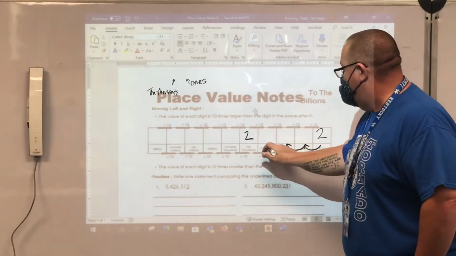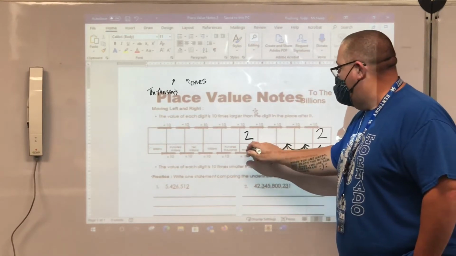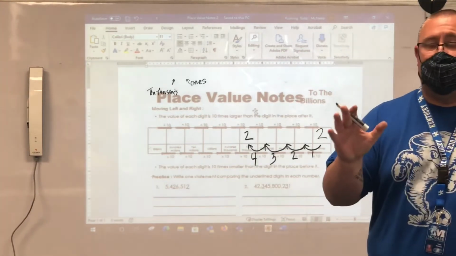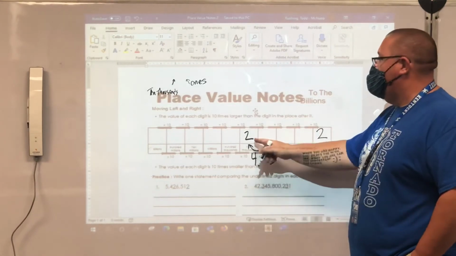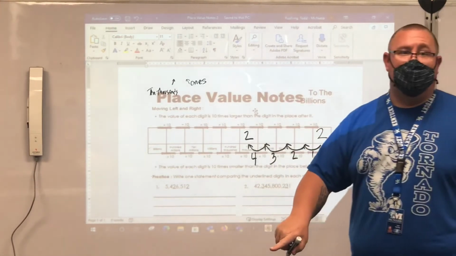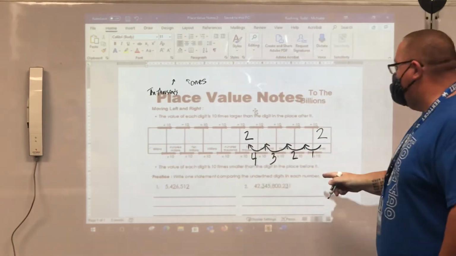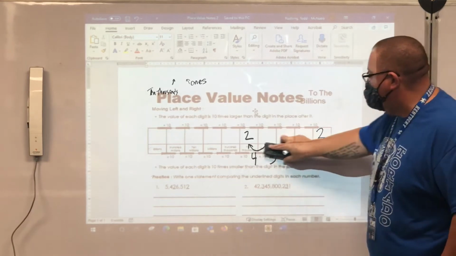We have a third space. And we have a fourth space. So there's 4 places to get from the ones place over to the 10,000s place. So we're going to use these numbers at the bottom, these times 10.